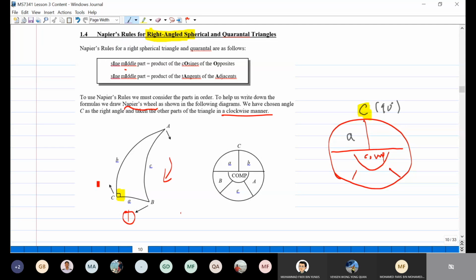The next thing you get is side b. After you trace b, the next thing you encounter is an angle. This angle is 3, angle A.